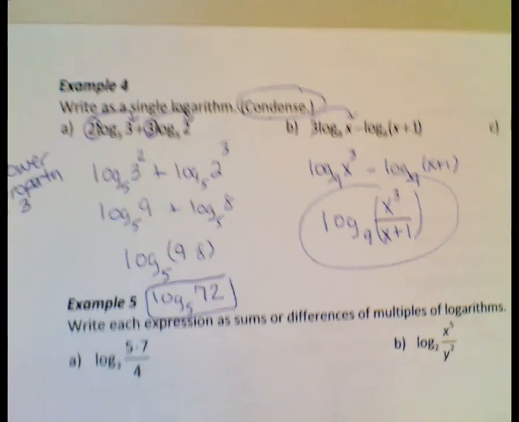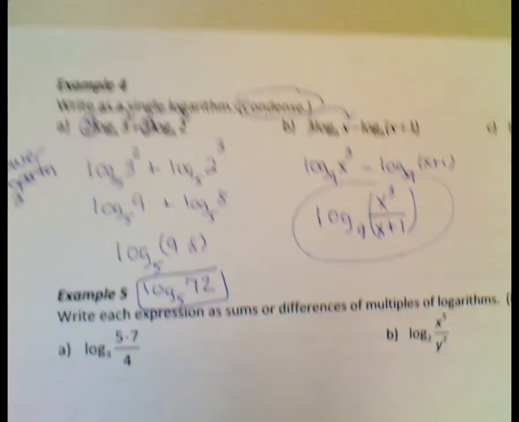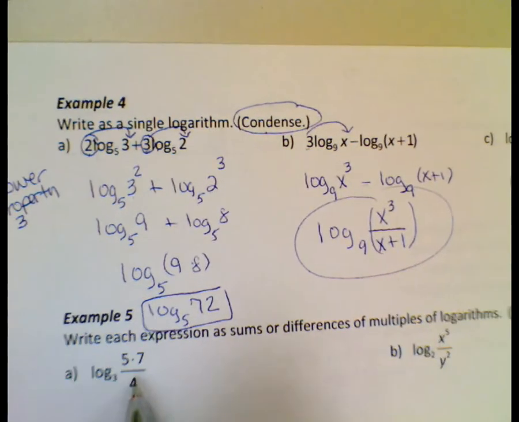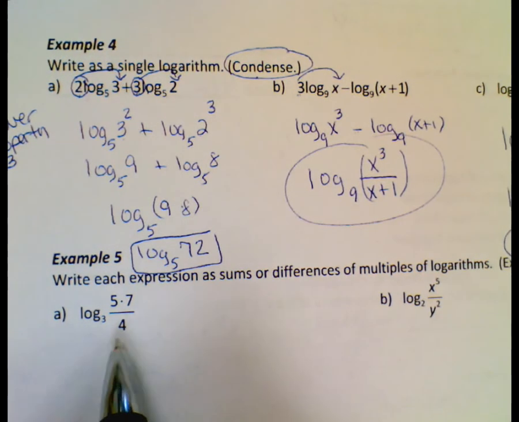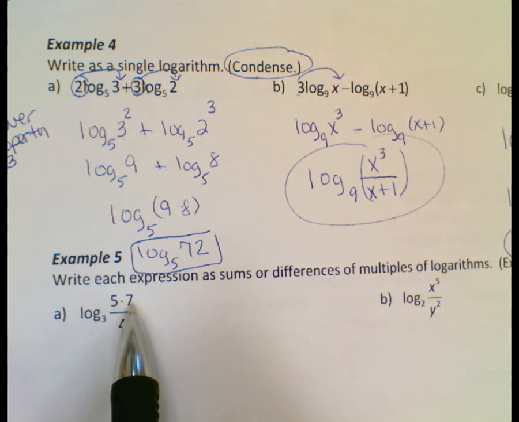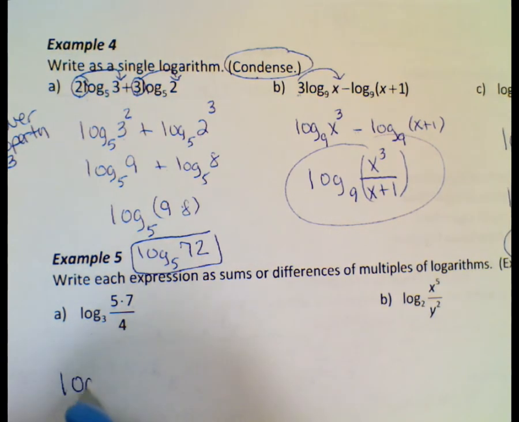Write each expression as sums or differences of multiples of logarithms and expand. Now, what you're going to do is expand this. This is called a single logarithm, and we're going to write it as many logarithms as factors that we have in the problem. If you count, there's 1 factor, 2 factors, 3 factors. So I'm going to write log base 3 of each, spacing it out.